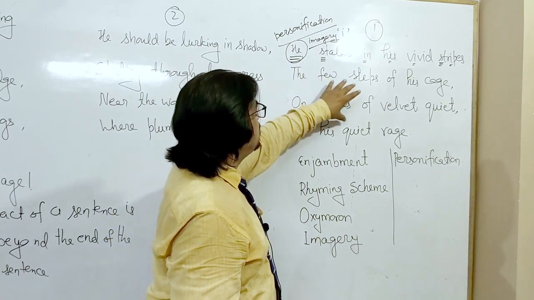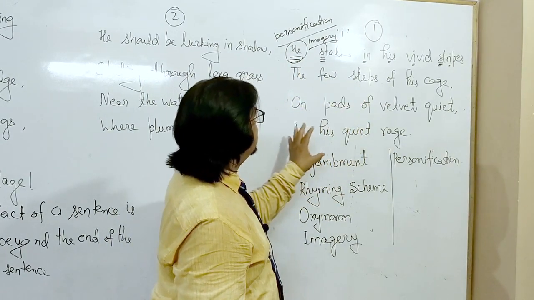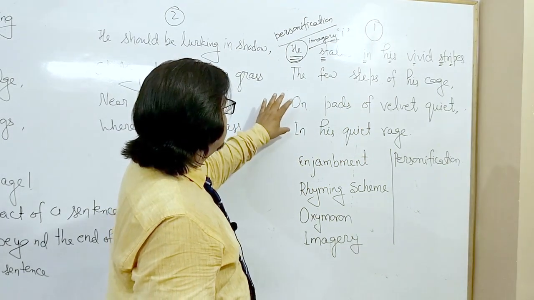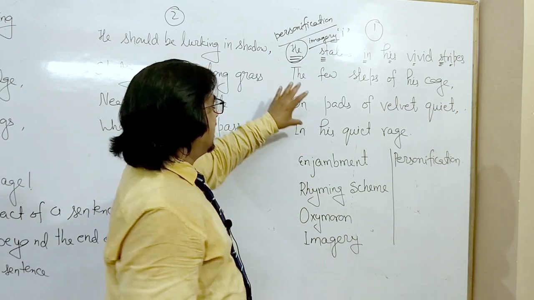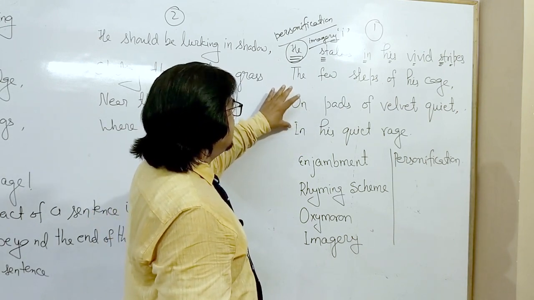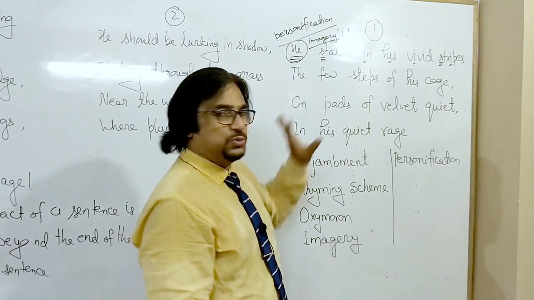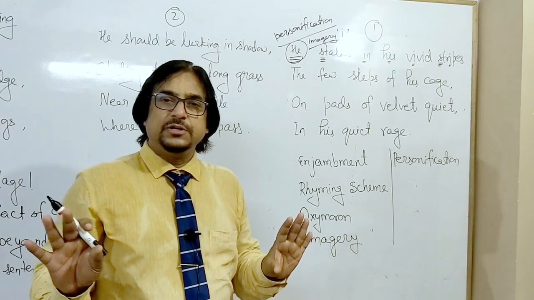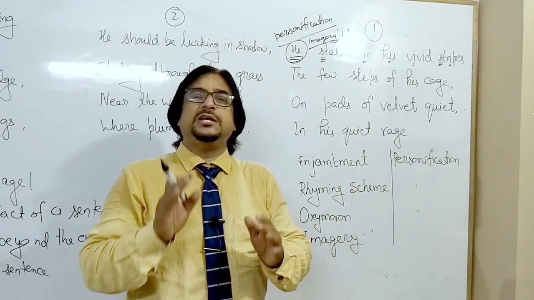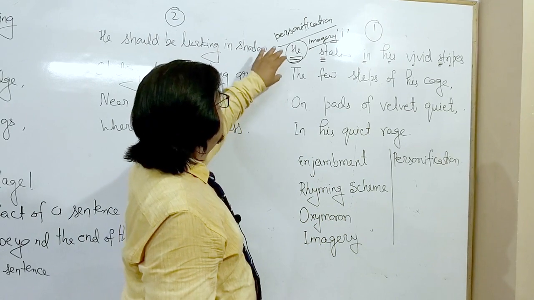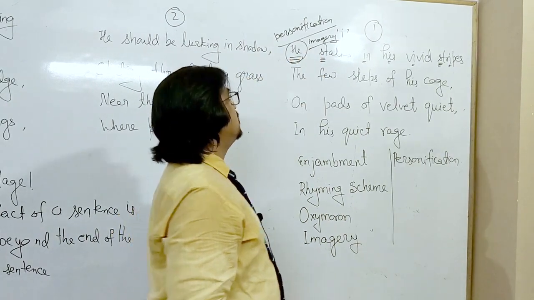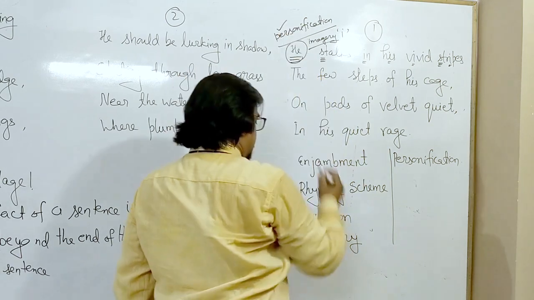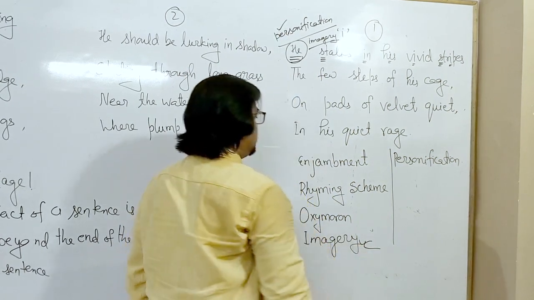When you go through this stanza, you will get that it is the matter related to the tiger, and it is in the cage in the zoo. It is clear. So an imagination is here. So we can say that the imagery poetic device has been used. So personification is here, imagery we have done.